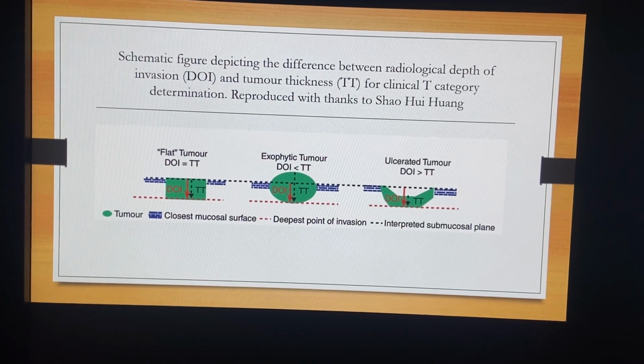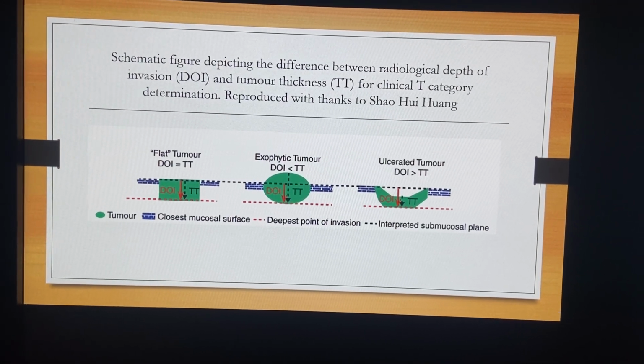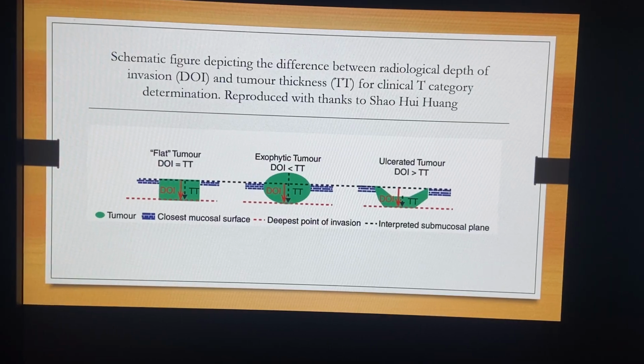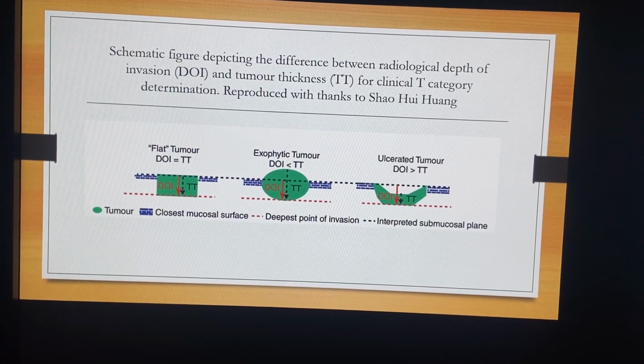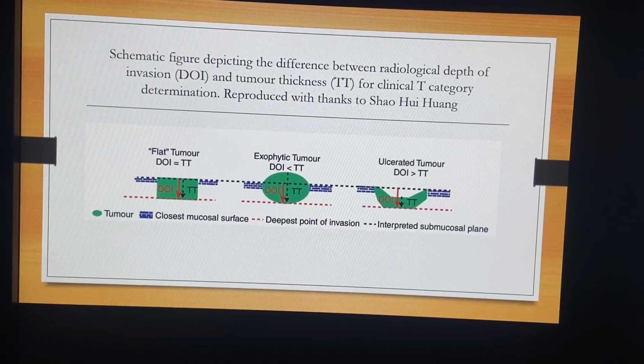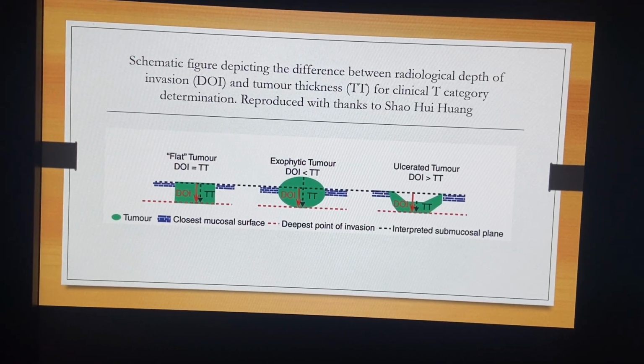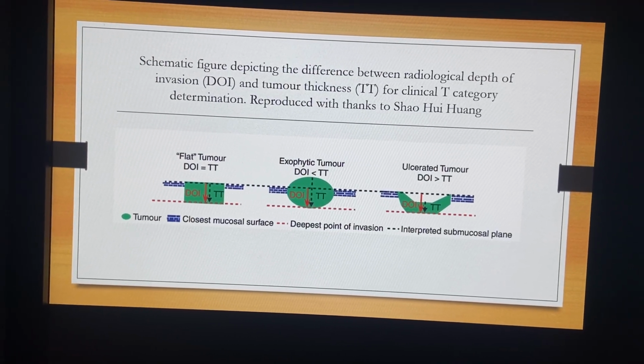So even if a tumor is ulcerated or sticks out above the surface, depth of invasion ignores the protruding part. It only measures how deeply it has invaded into the tongue tissue.